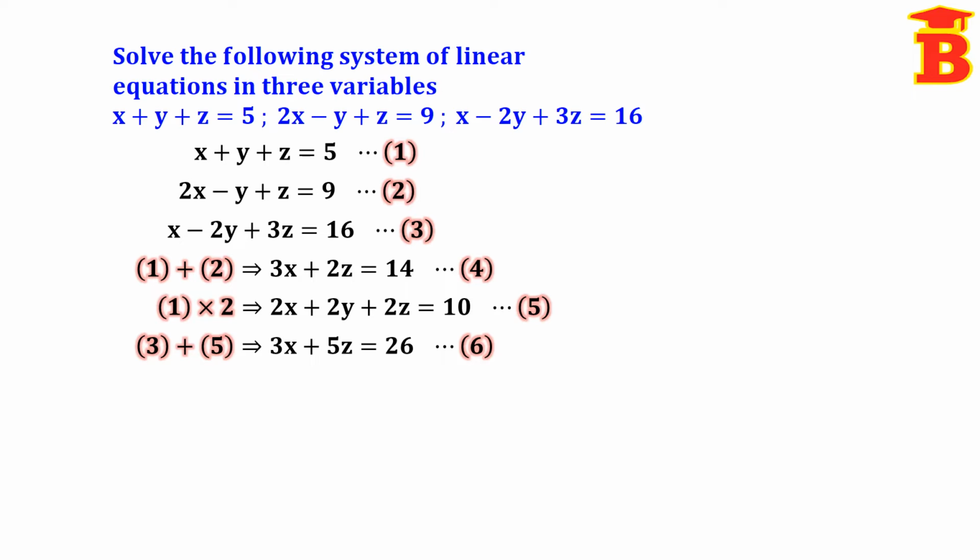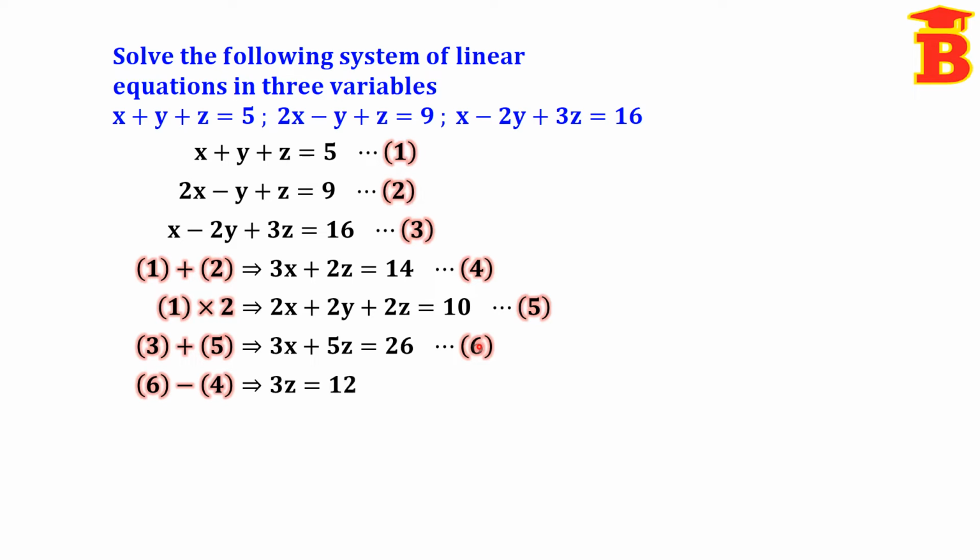Now we cancelled the y terms, and see equations 4 and 6. We have the terms x and z. Note that we have the same term 3x, 3x. So we can cancel the x term and then we can get the value of z.